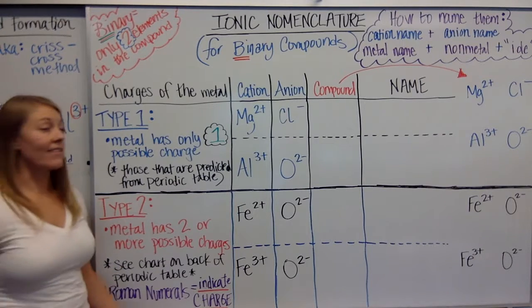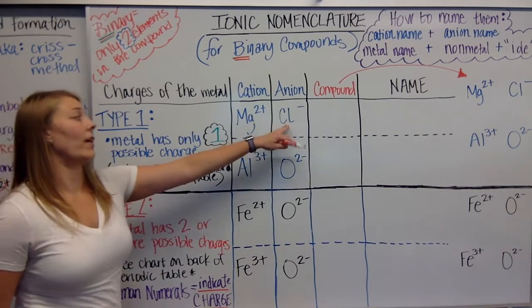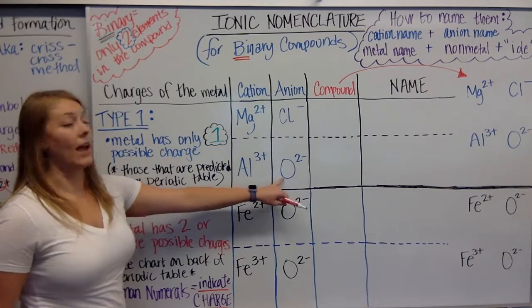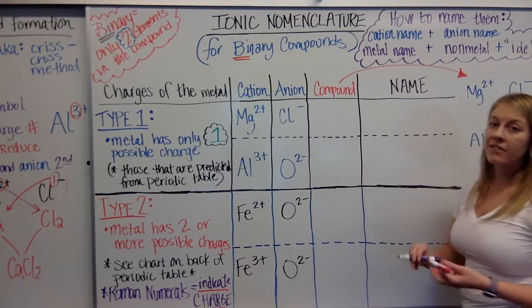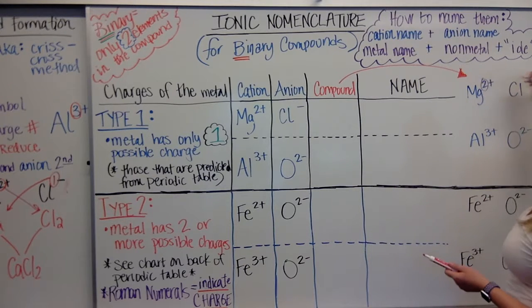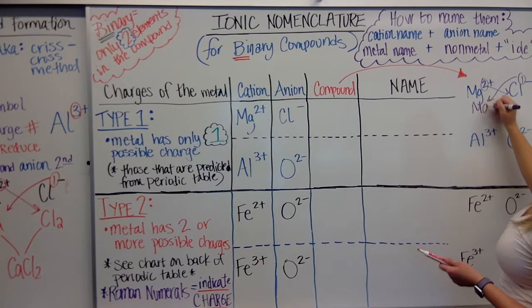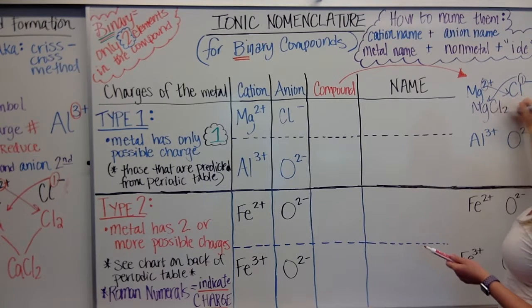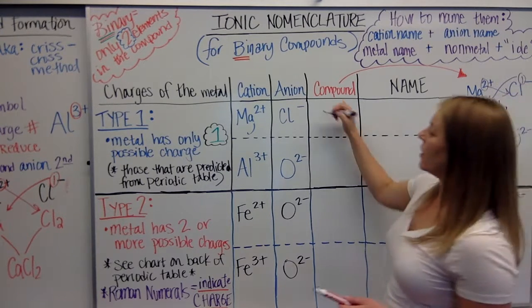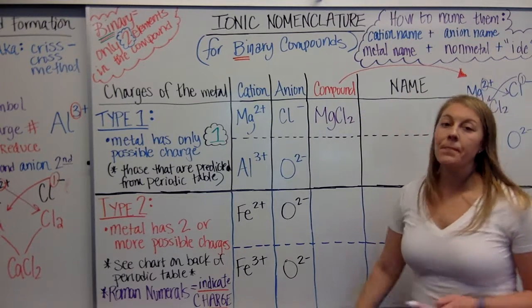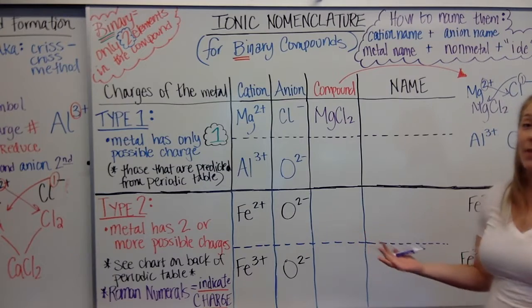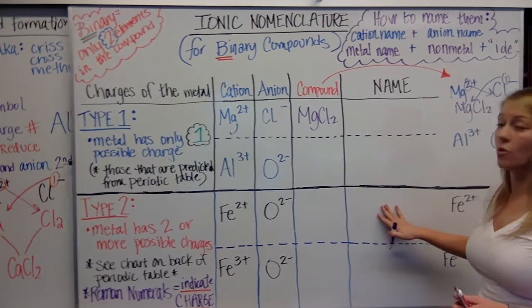So for these, this is what we'd expect. We have a cation, we have an anion, only two. How we figure out the compound is that crisscross method we just saw. Circle the 2, circle the 1, bring it down, and we get Mg1Cl2. So my compound here is MgCl2. Now to name it, we name it just like we've been naming the ions along the way here.